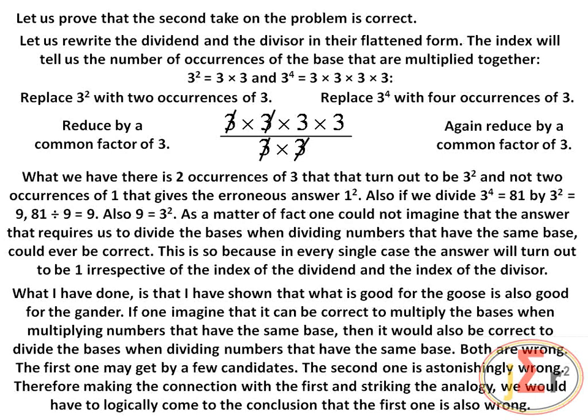The first one may give a result that is not so strange, not so alarming, not so glaring, but the second one, the answer is always going to be way off. Therefore, if we take our tip from the second one that is astonishingly wrong, remember that both of them are related, then if one is wrong, so is the other.